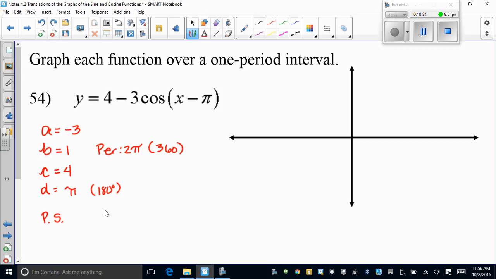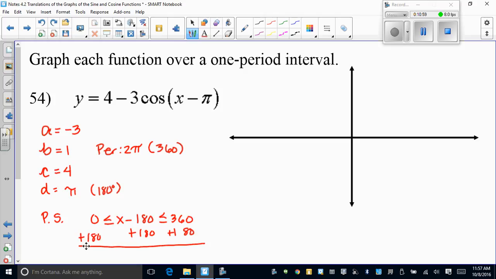So we get 0 is less than or equal to x minus, I'm going to go ahead and throw in the 180, 180, less than or equal to 360. This would have been okay with the pi thing. Add 180, add 180, add 180.